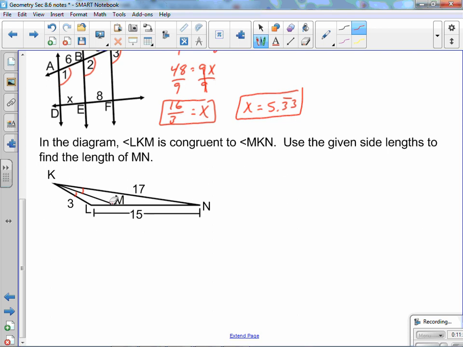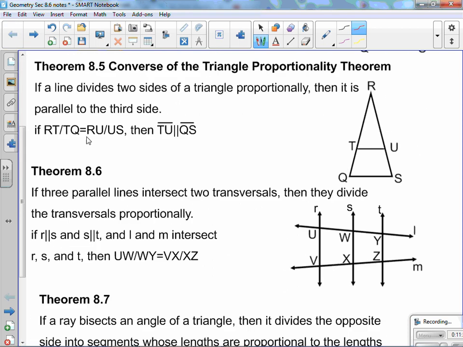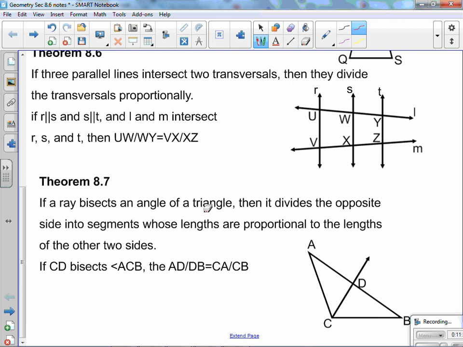It's bisecting angle LKN. And so since KM is a bisector, we are basing things off of theorem 8.7 here. So these two sides that are divided by the bisector are going to be proportional with the other two sides.